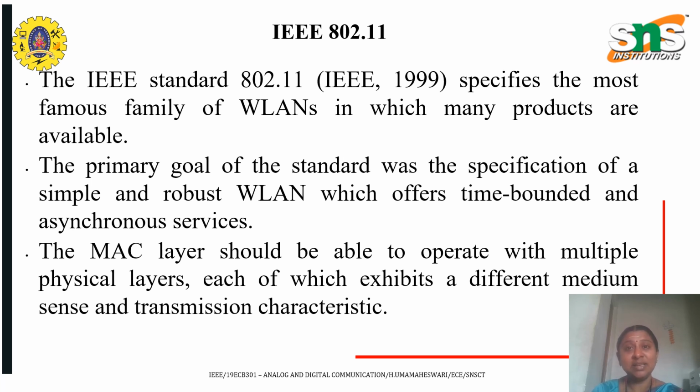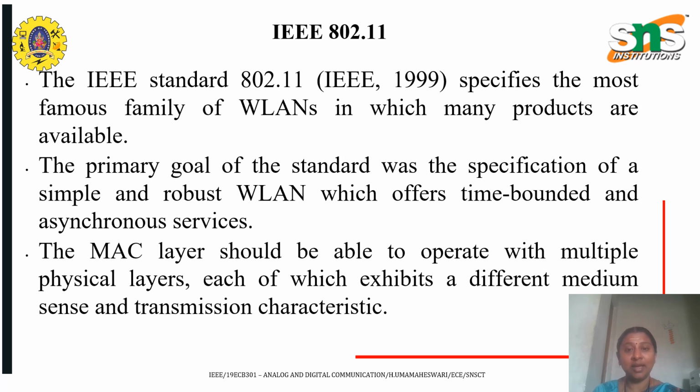It specifies the most famous family of wireless LANs, that is wireless local area networks, in which many products are available. The primary goal of the standard was the specification of a simple and robust WLAN which offers time-bounded and asynchronous services.